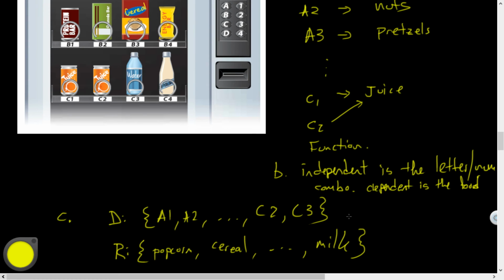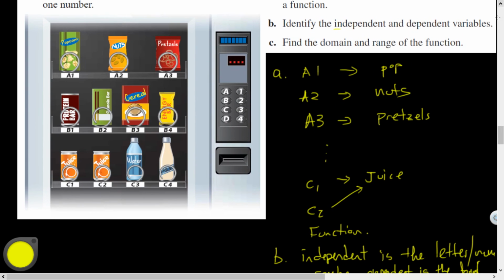Good stuff. Actually, guys, I'm looking at this machine. This is actually pretty smart because I was like, okay, wait, if they've got milk in there, I hope this is refrigerated. But also look at the intelligence of how they arranged this, because hot air rises and cold air sinks.